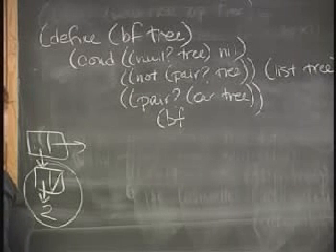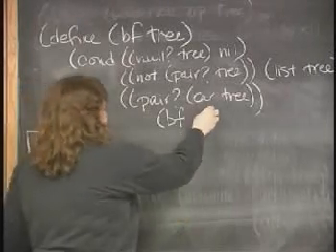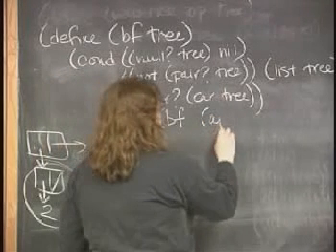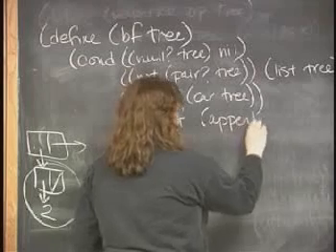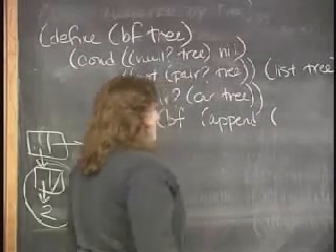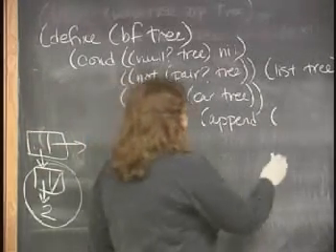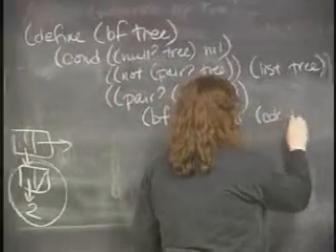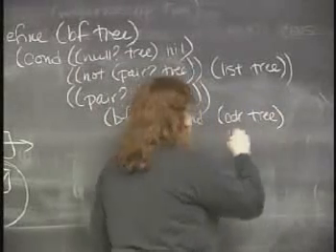Okay, so our recursive call will be breadth first applied to what? Append of cdr. I hear cdr and car. Take the cdr of our tree.